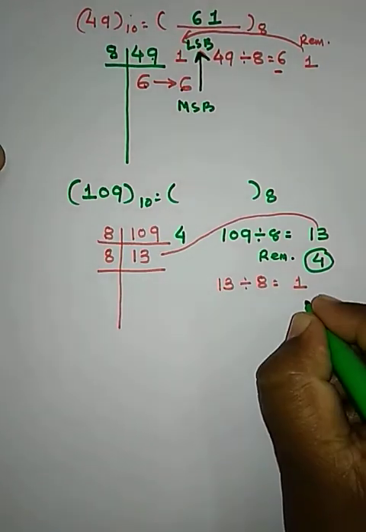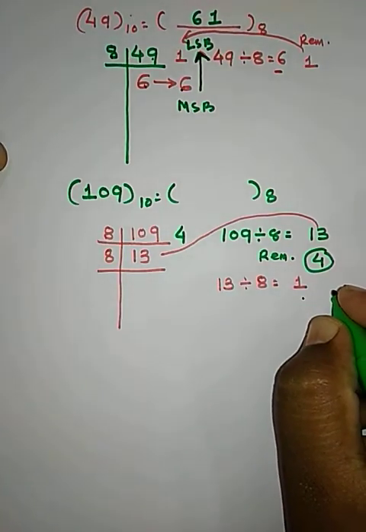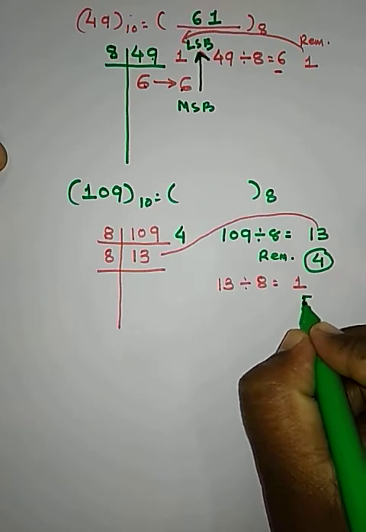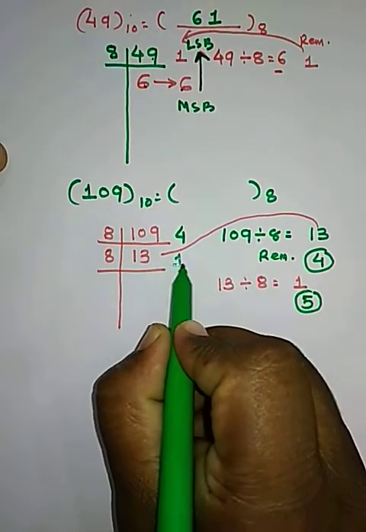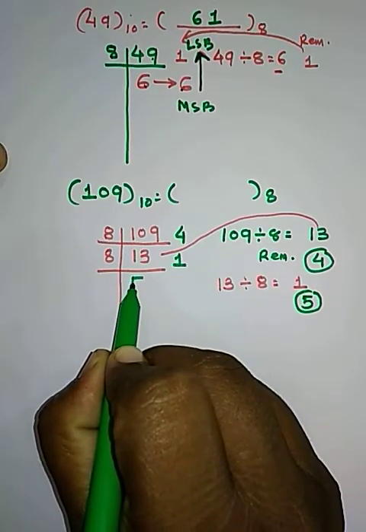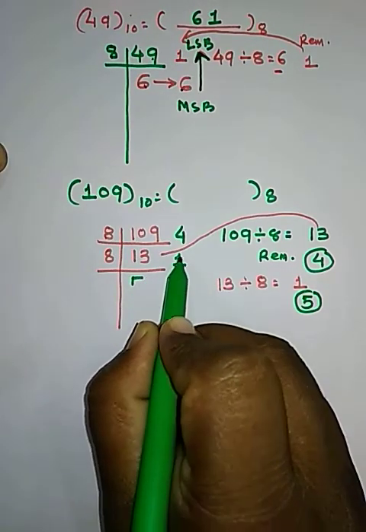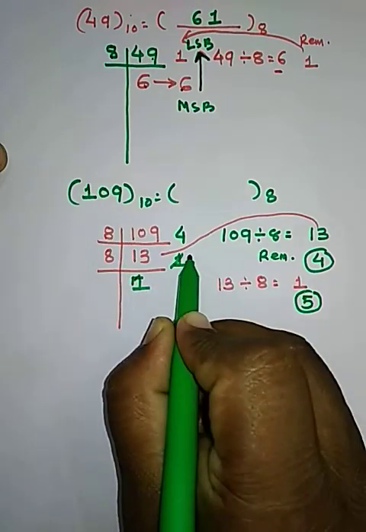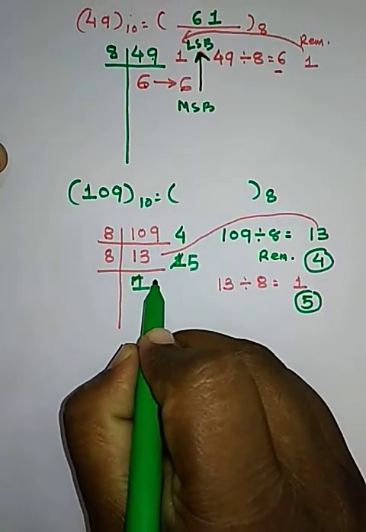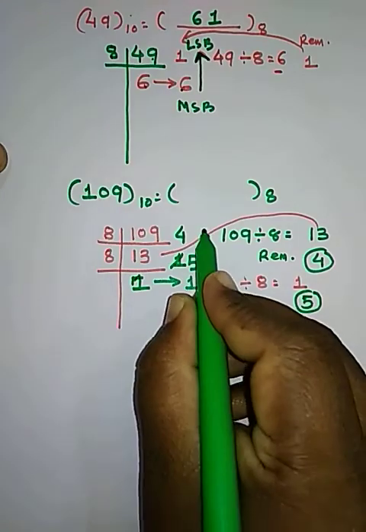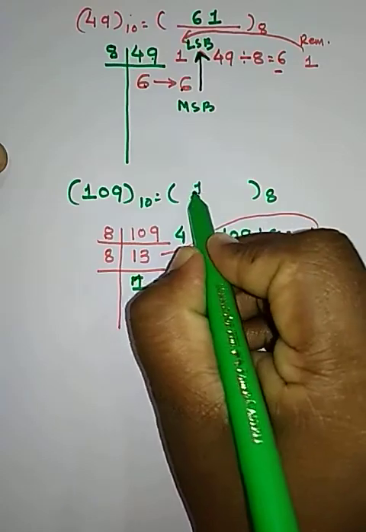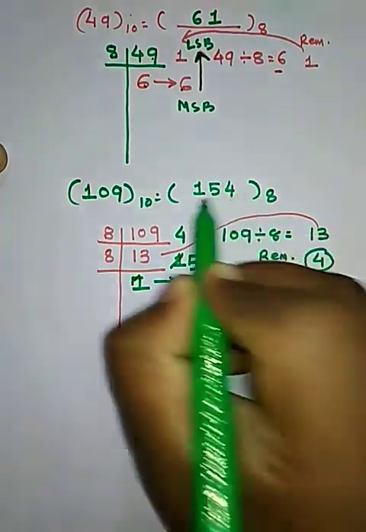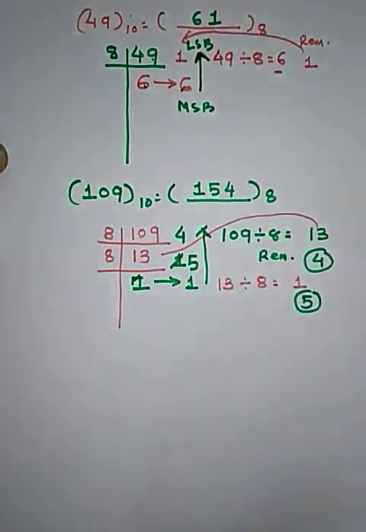The remainder is 5. So here is a 1, here is a 5. This 5 is taken out. So what is the answer? 154. So the number 109 is given. Its octal is 154.